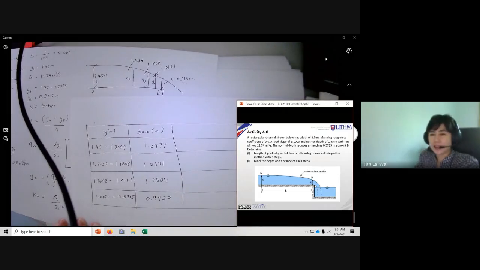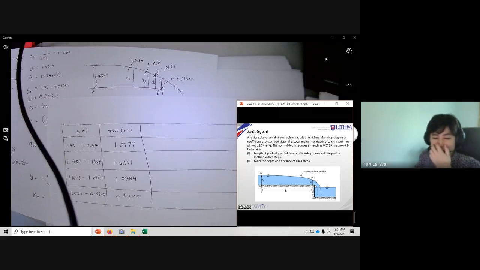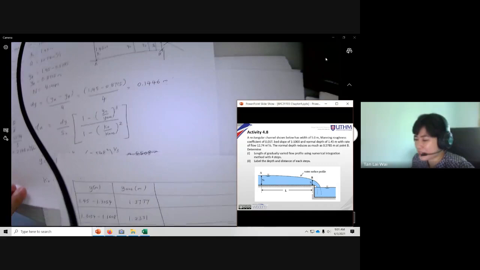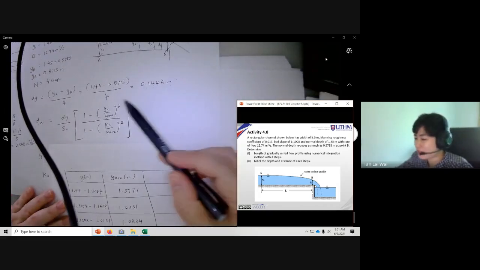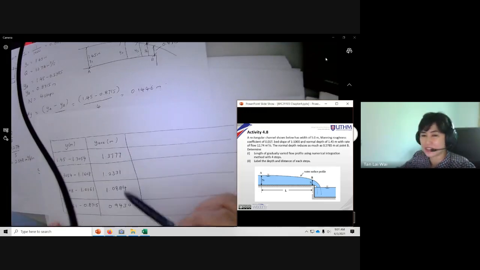Then once you have that, what else do you want to find? Remember our formula here. Now we have y average already for all these sections.